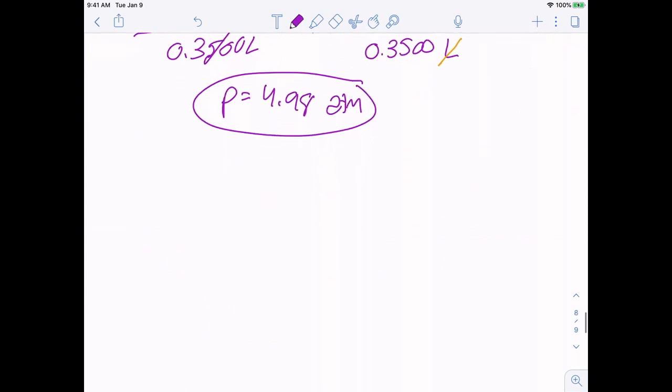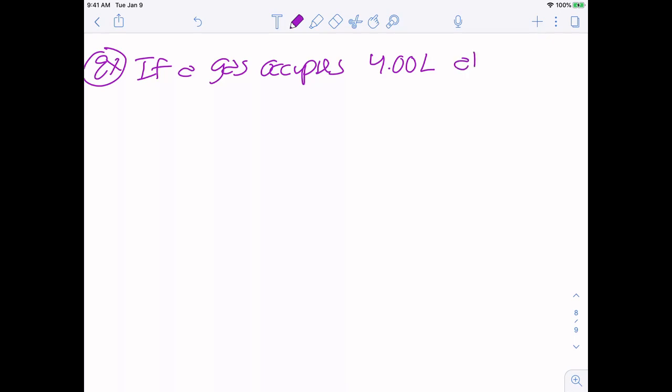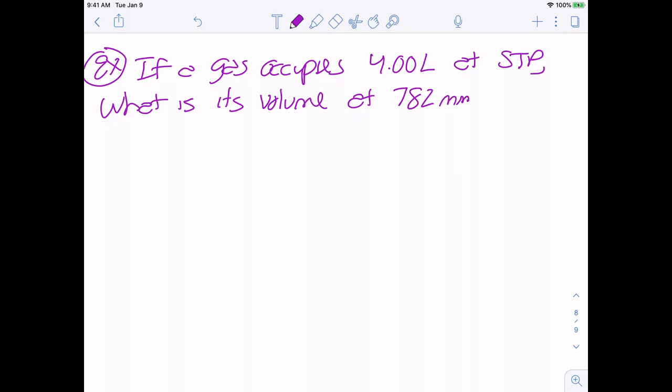So another type of example for us. If a gas occupies 4.00 liters at STP, what is its volume at, let's do 782 millimeters of mercury and 25 degrees Celsius?